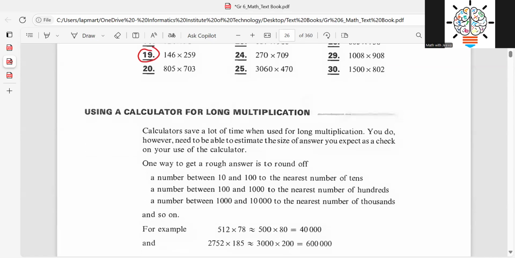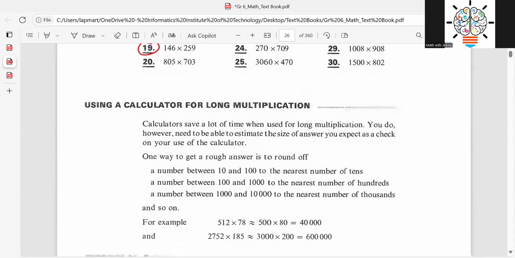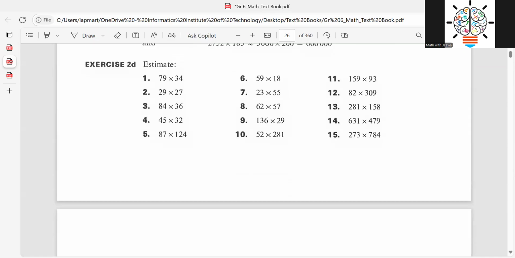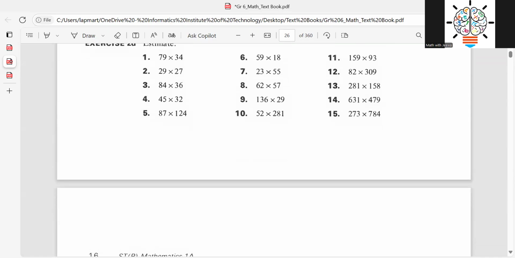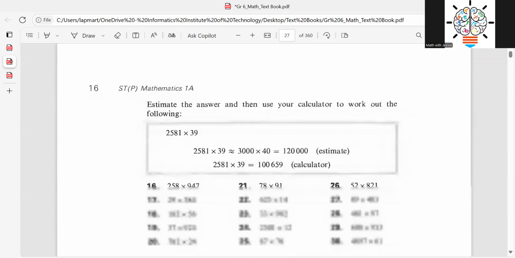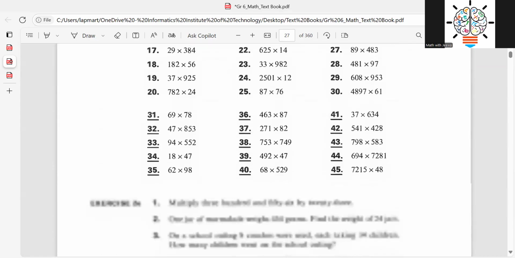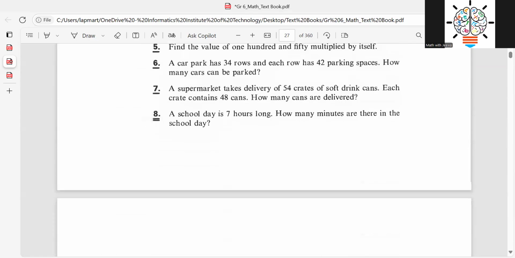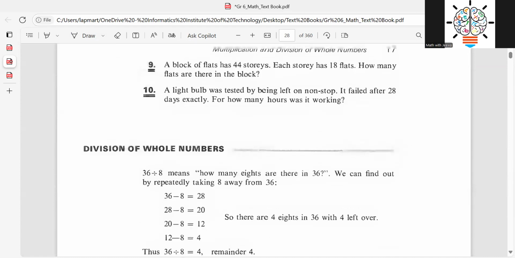When you go to Edexcel O-level curriculum, you will get the instruction and the guidance from your teachers to do the sums using the calculator. Therefore, we don't want to do them. So then whatever it is, you want to get them through the long multiplication, right? Then we will move to the next topic, the division.